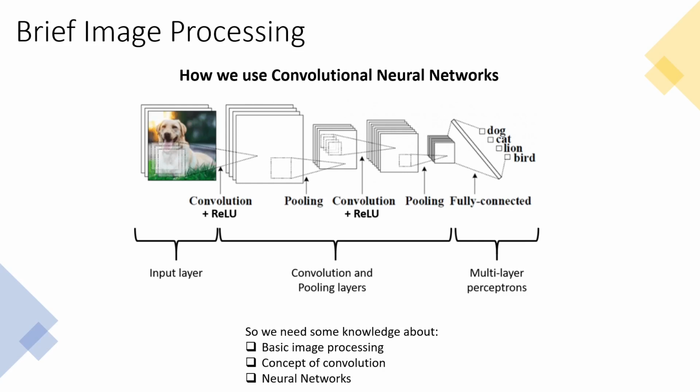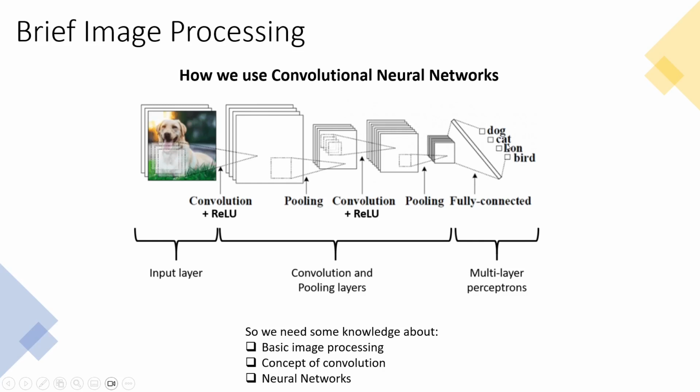So how do we use a convolutional neural network? Basically, we have an image, then we create some layers, basically convolutional layers and pooling layers, and then we make a decision if we will be doing, for example, the classification operation. Let's say we have the image of a dog, then we create some layers, and at the end of all these layers that we call the architecture of the network, we make a decision.